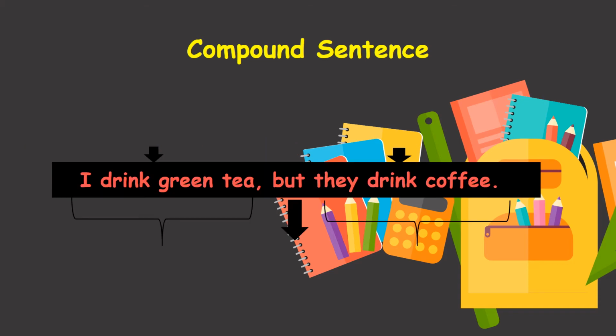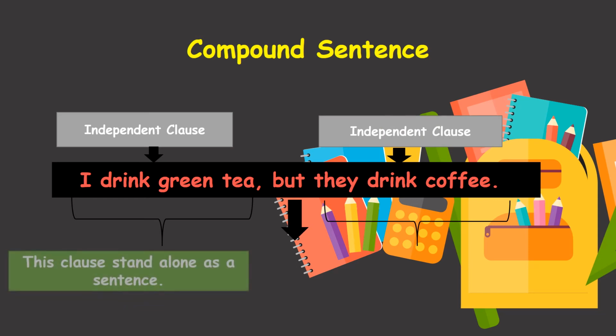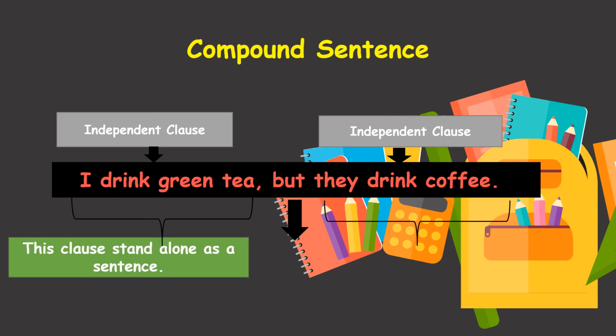Okay, children, look at this sentence. As you learned, the main clauses in a compound sentence are usually joined by a comma and a coordinating conjunction.